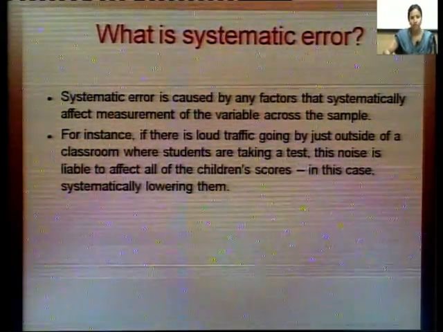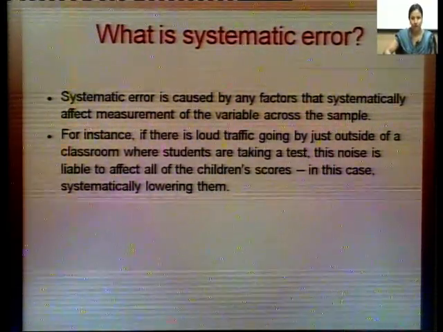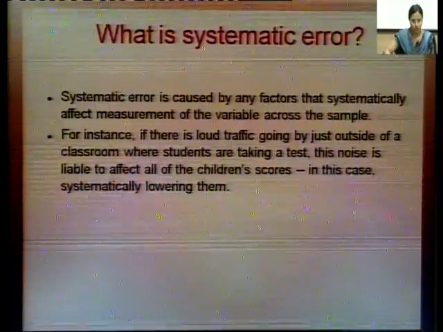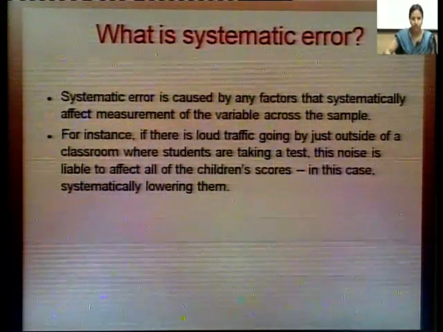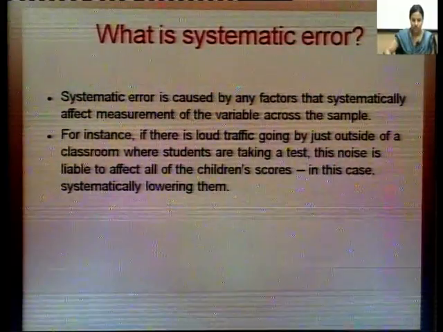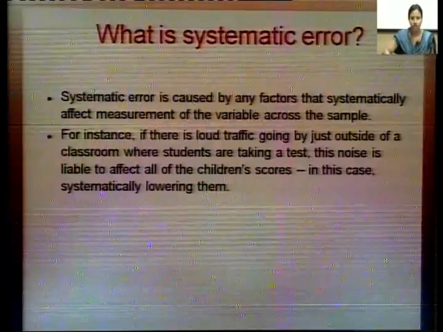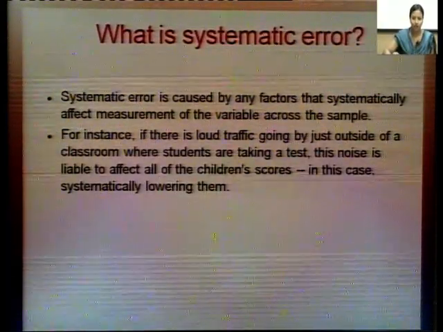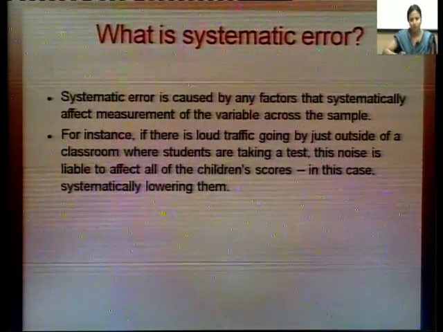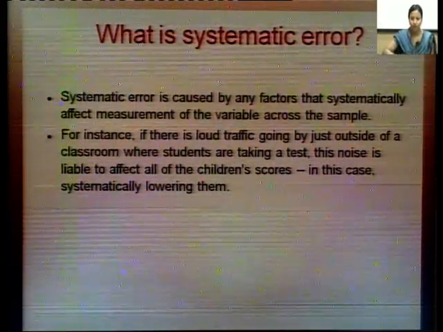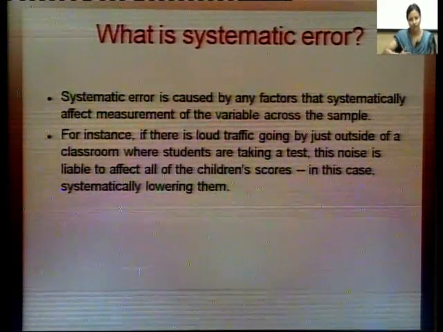For instance, if there is loud traffic going by just outside of the classroom where students are taking a test, this noise is liable to affect all the children's scores. In this case, it is systematically lowering them. So systematic error may be positive, may be negative. For all the readings, it may be either positive or negative.